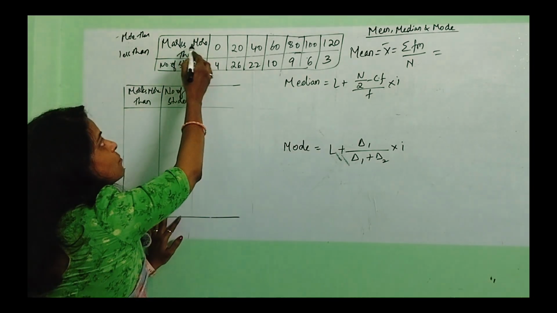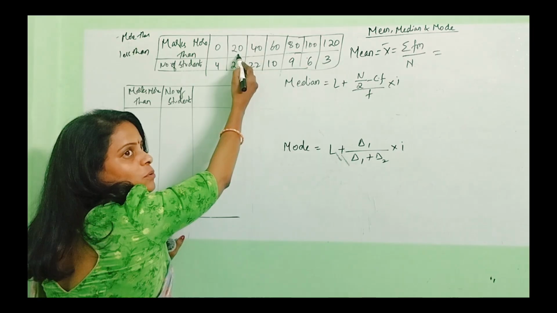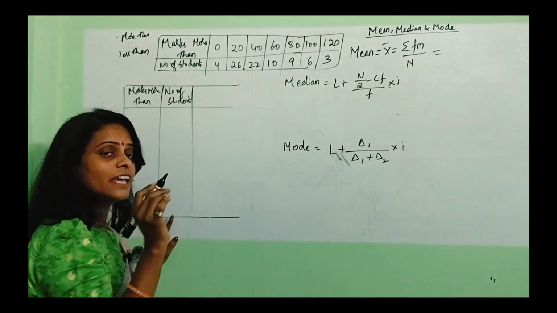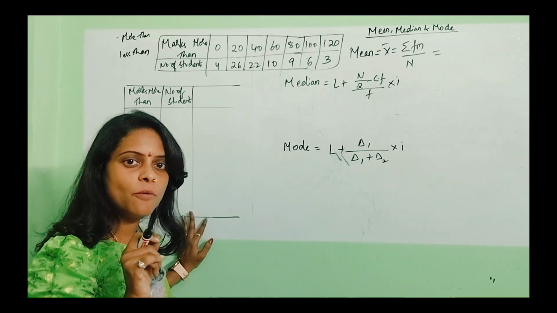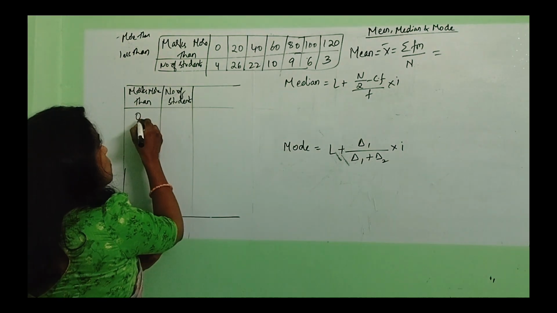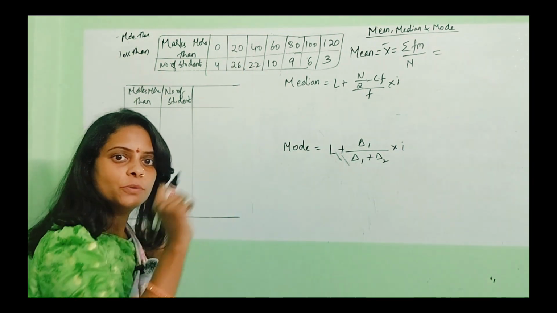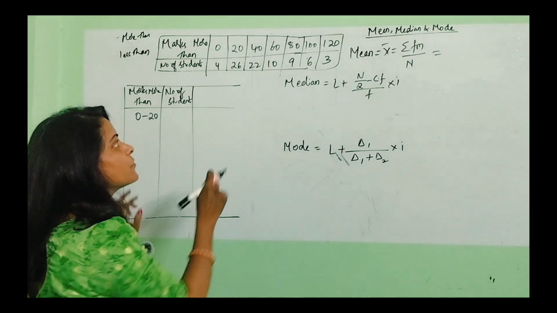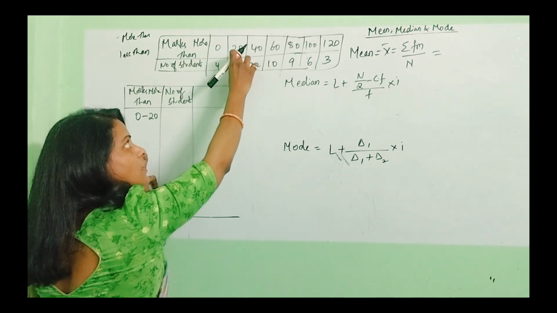Okay. So see here, marks more than 0. What is the next value? Next value is 20. So this is in the form of class interval. The question is in the form of class interval. More than 0, but it should not exceed 20. So it means 0 to 20. Then the second value is 20.